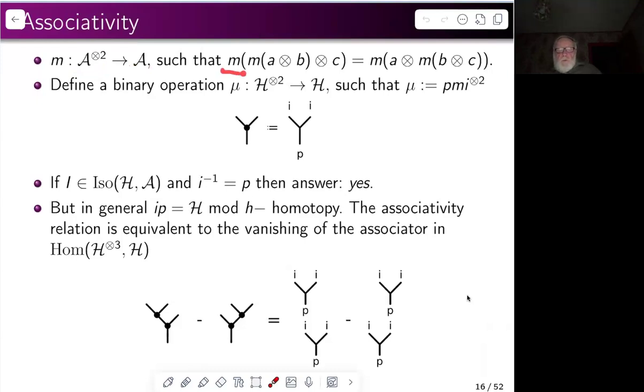It means that we have the following relation, the associativity condition.